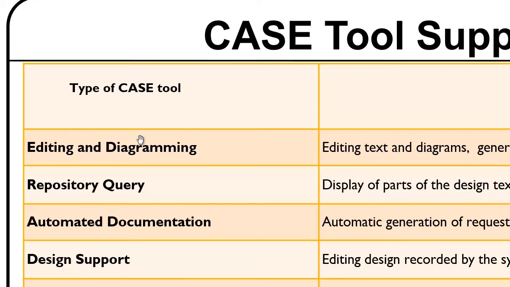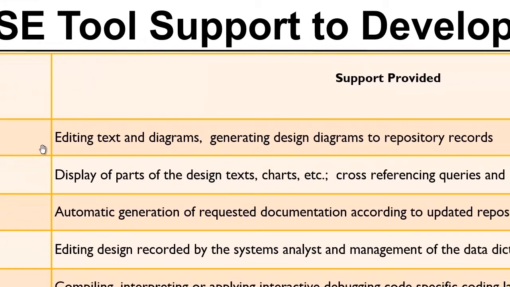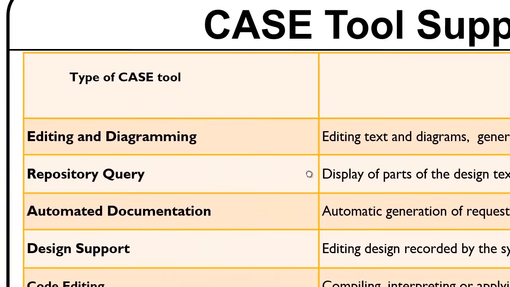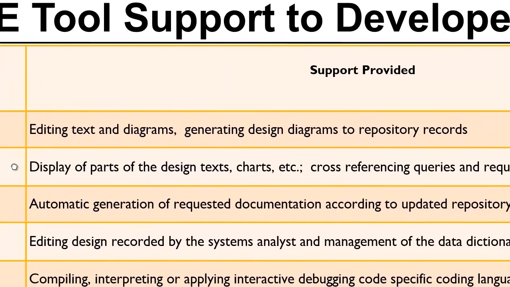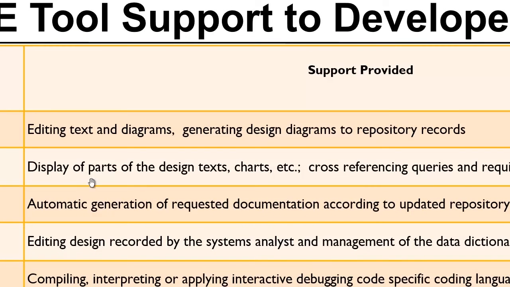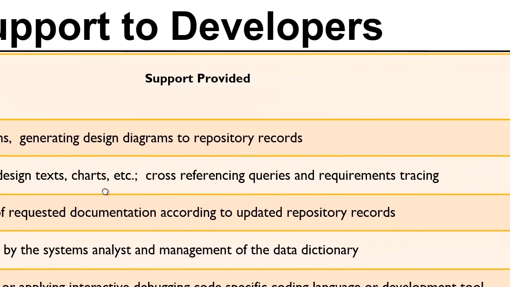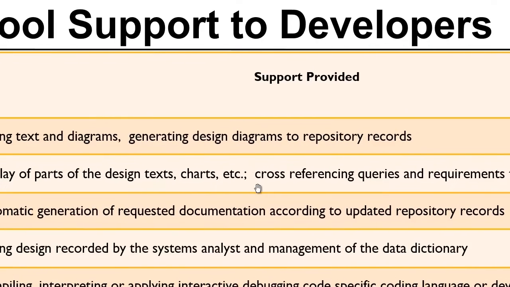Type of CASE tool: editing and diagramming. Support provided: editing text and diagrams, generating design diagrams to repository records. Repository query. Support provided: display of parts of the design text, charts, etc., cross referencing queries and requirements tracing.